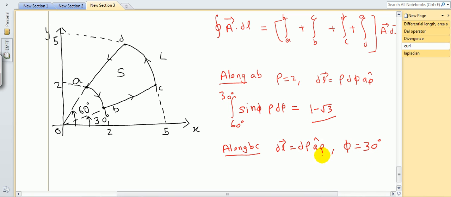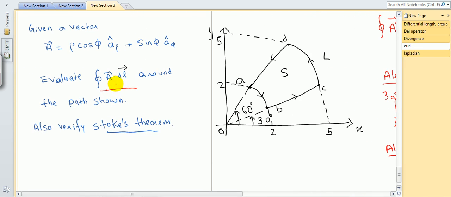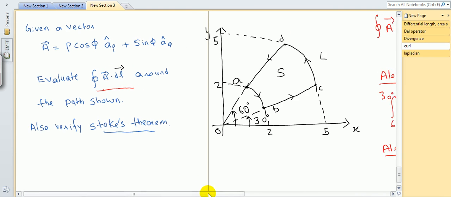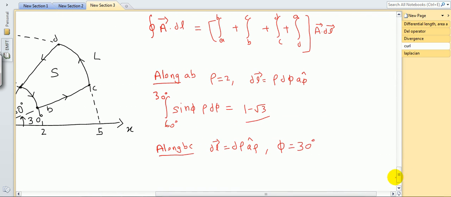I will take only the rho component from the A vector field, and the rho component is rho cos phi. I will use this only because the phi component will become 0.